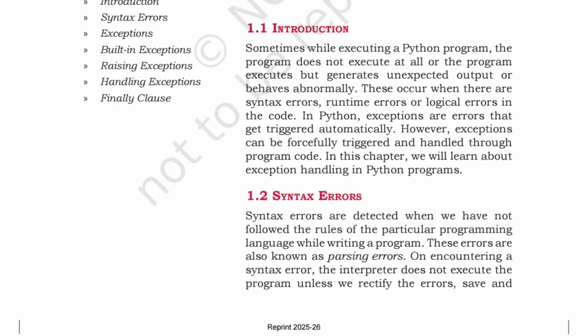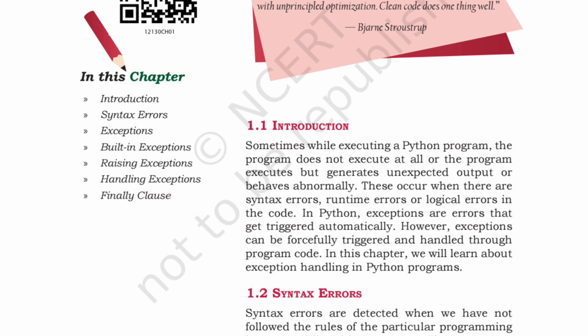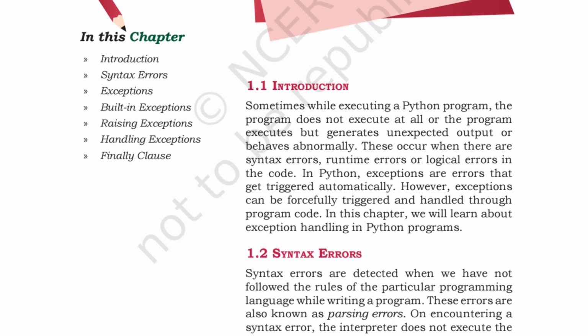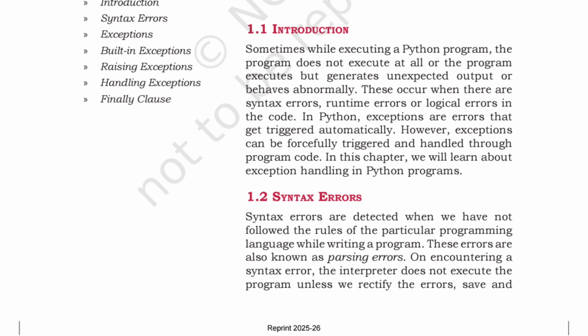So over here what we can say, in this Python program we can execute the code, but sometimes it will not execute due to some syntax error, runtime error, or logical error in the code. So these exceptions are errors that get triggered automatically. This is what we call exception handling.